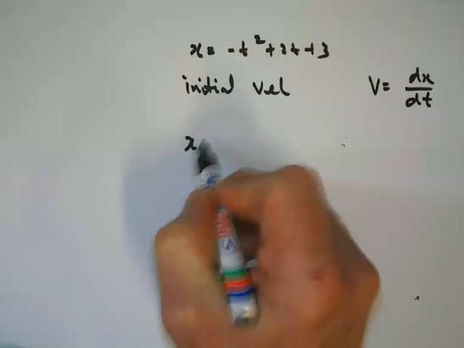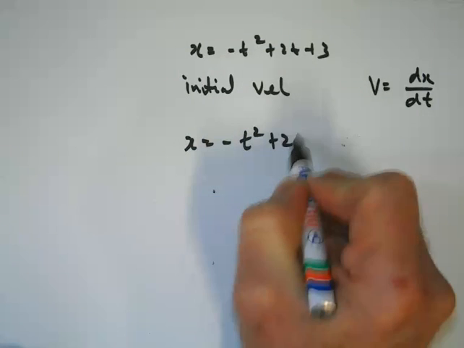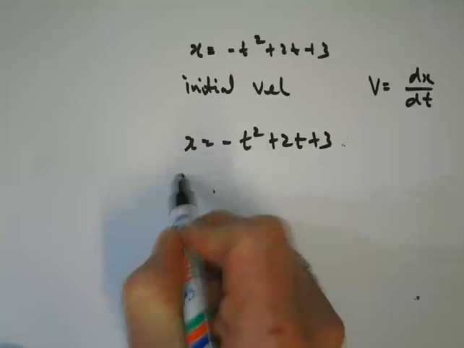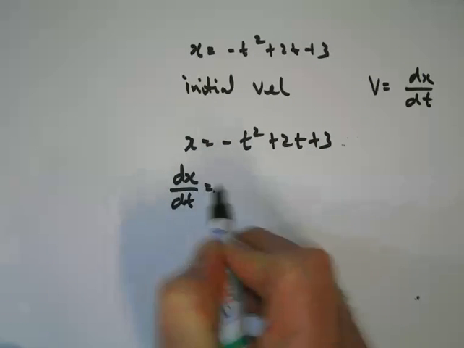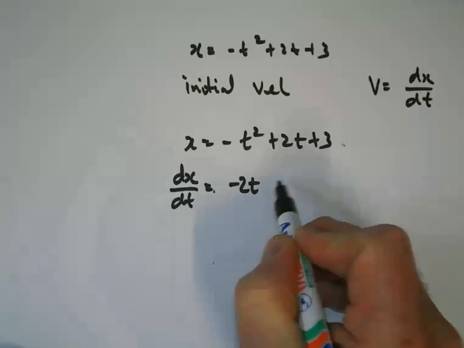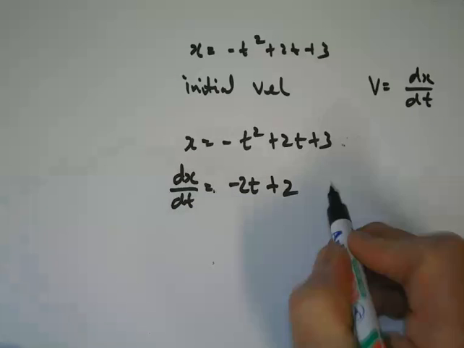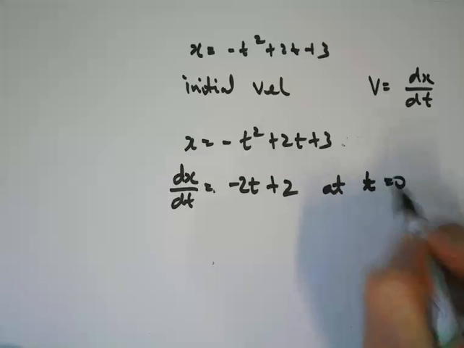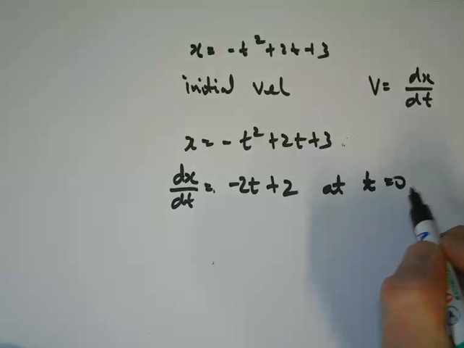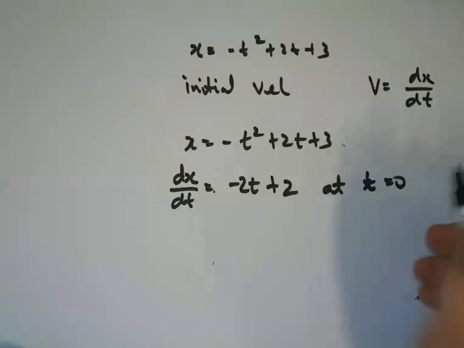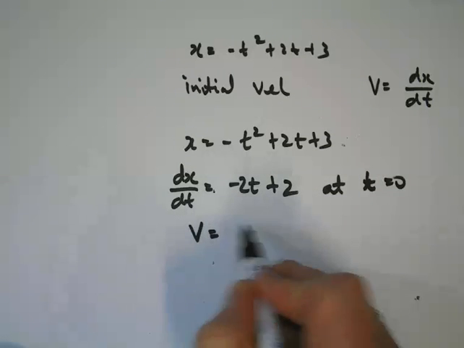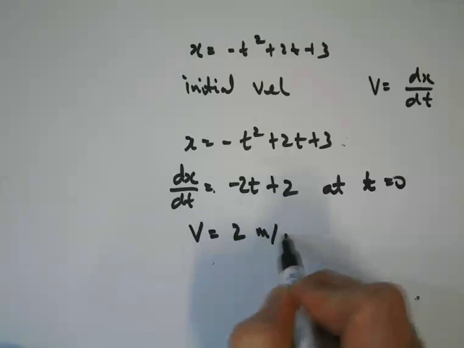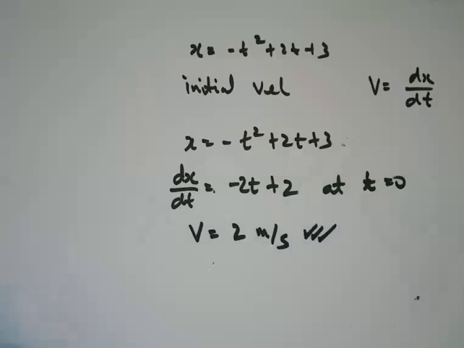So if x equals minus t squared plus 2t plus 3, dx dt will equal minus 2t plus 2, and at t equals 0, because at initial, that's when I start, therefore t must equal 0, velocity is going to equal 2 meters per second.